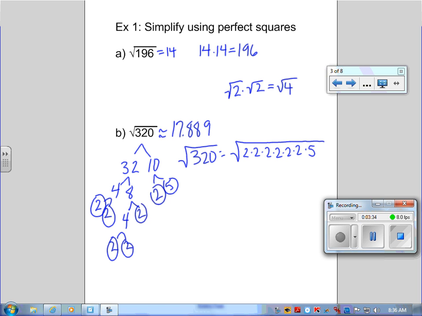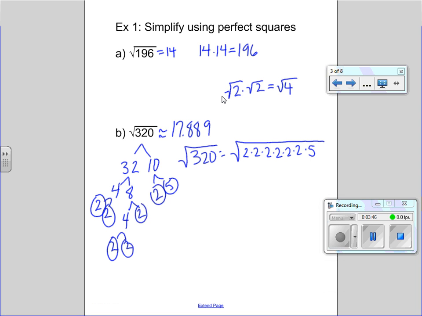So what we've done here is we've taken the prime factorization of 320, and we can show that prime factorization inside of one radical. I'm showing you here that radical 2 times radical 2 gets me radical 4, which we know radical 4 is equal to 2. So anytime that I have these doubles inside my radical, I can pull them out as one of those things.